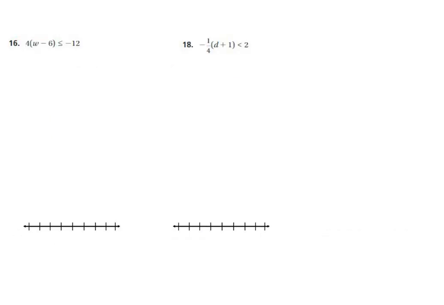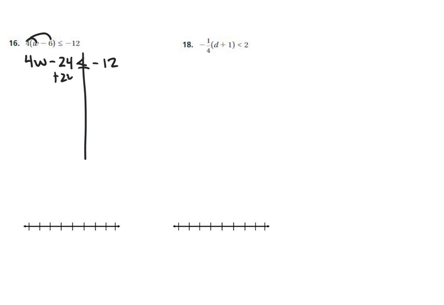right. For numbers 16 and 18, we'll do the same. We'll distribute, we will simplify and solve, and then we'll graph. So first of all, let's distribute. 4w minus 24 is less than or equal to -12.